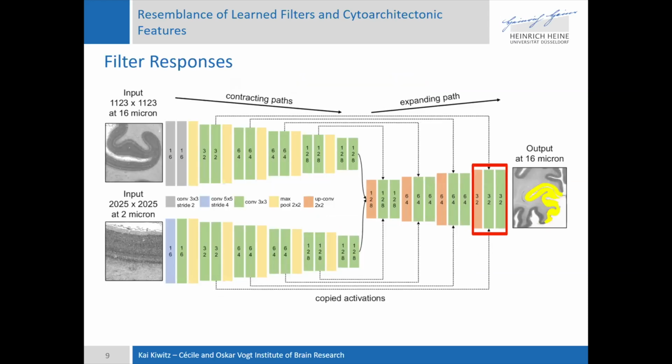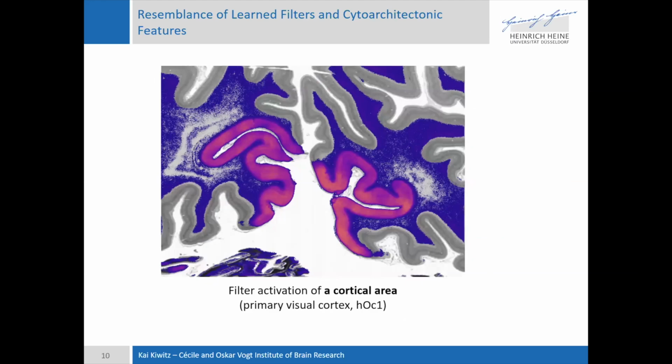Moving towards the final layers of such a CNN tool, we find filter activations for whole cortical areas. This network was trained for cortical area hOc1. So in the later layers, we find filter activations for the primary visual cortex, for example.